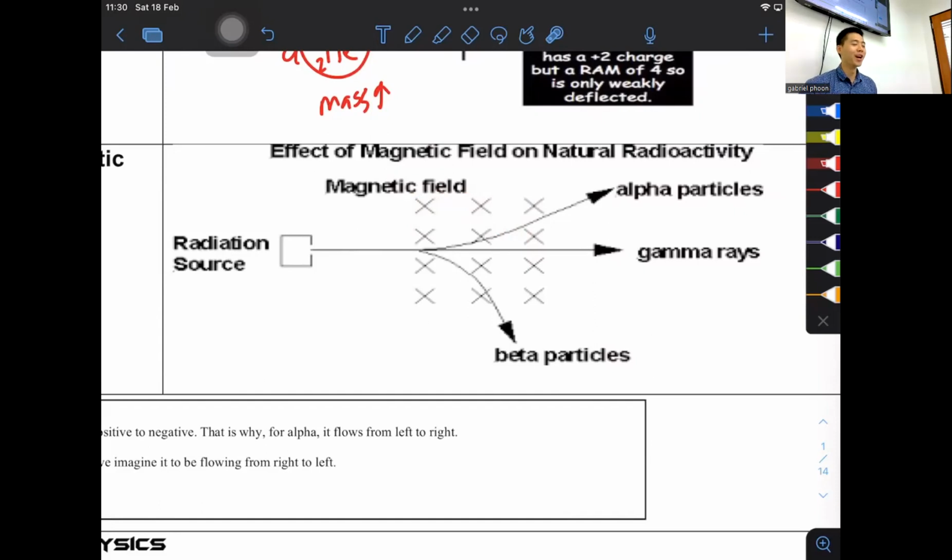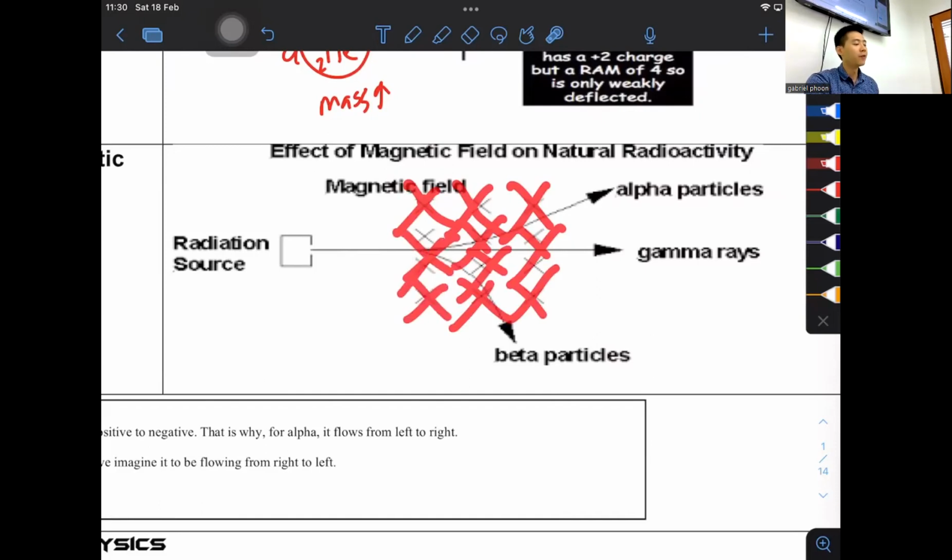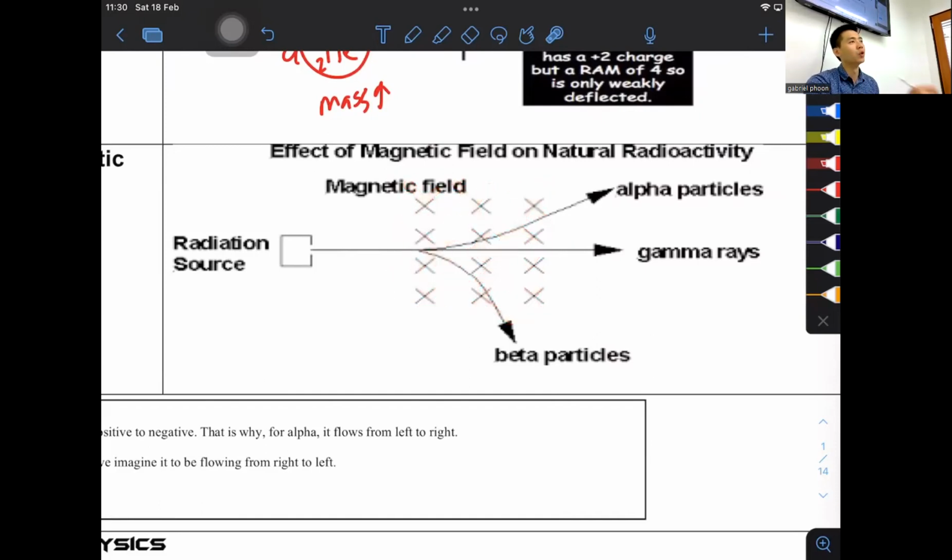I repeat my question, guys. We have already identified that the magnetic field is going inwards. That's why I have magnetic field as X here. If I have magnetic field going into the paper, where should my north be placed and where should my south be placed with reference to my screen or your paper?